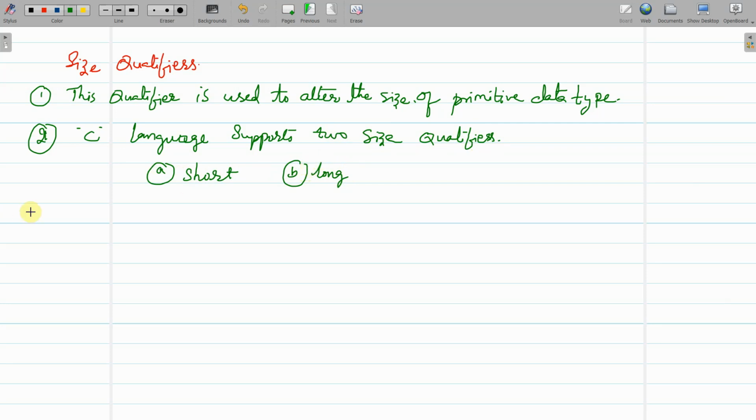Now we will be going into the third point, where you will be finding the exact difference of the usage of the size qualifiers. These are generally used in integer type.